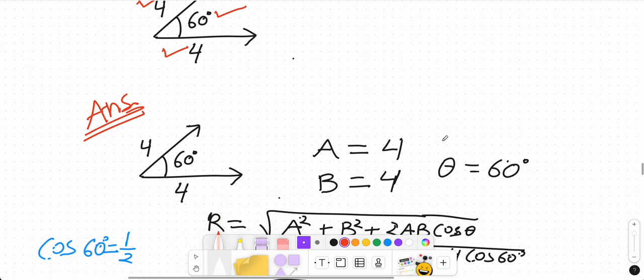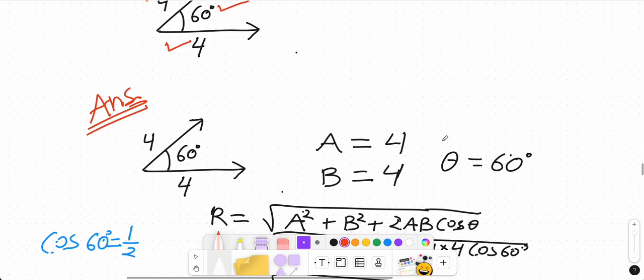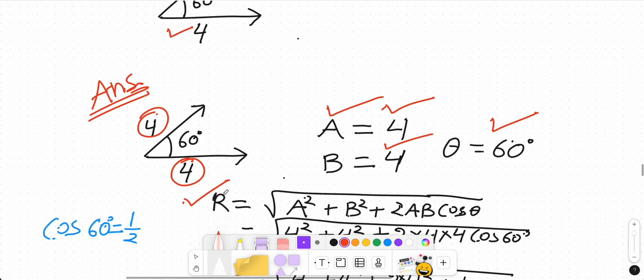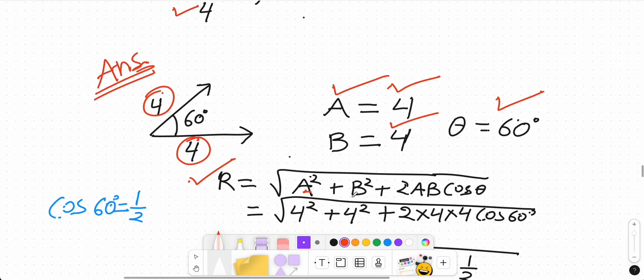I have two vectors. One has magnitude 4, so let me take the a vector with magnitude 4. The b vector is also magnitude 4. The angle between them is 60 degree. Let me substitute in the formula. So r is equal to root over of a square plus b square plus 2ab cos theta.